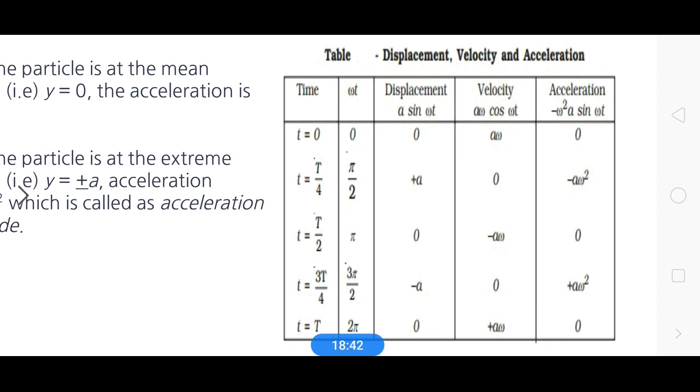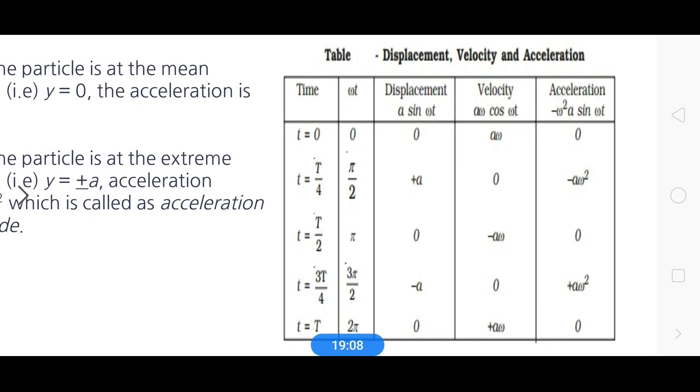So we get pi by 2. So the displacement of the particle is a sin pi by 2, that is a, and the velocity is equal to a omega cos pi by 2, which is 0, and the acceleration is minus omega square a sin pi by 2. We get minus a omega square.